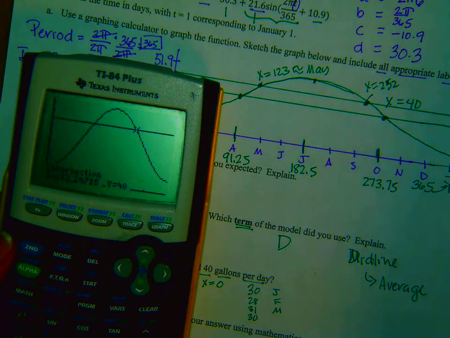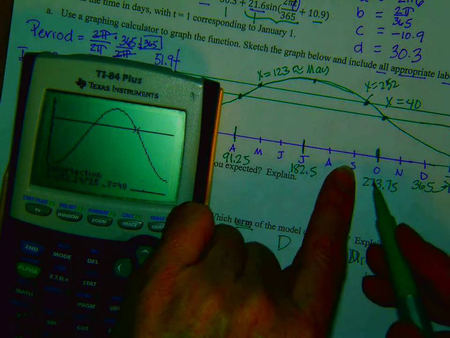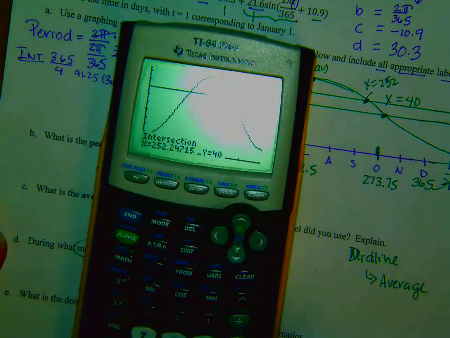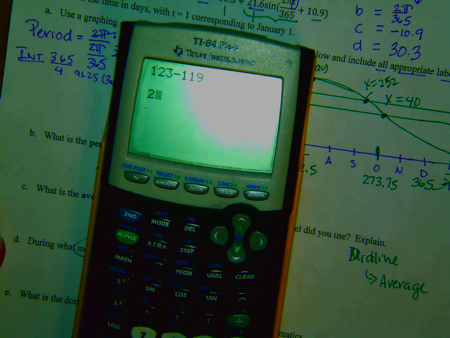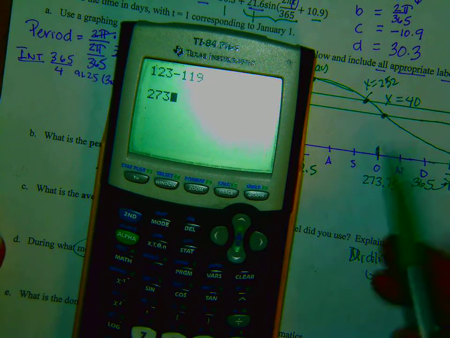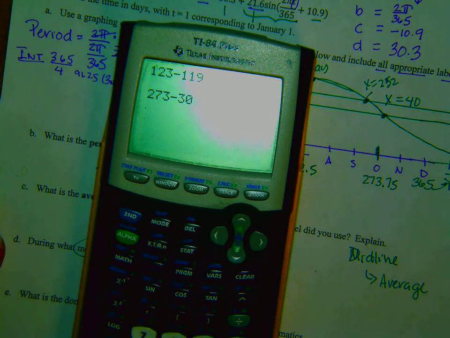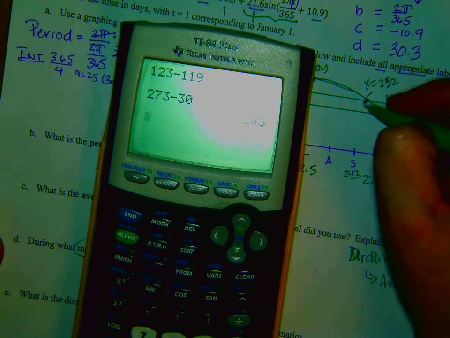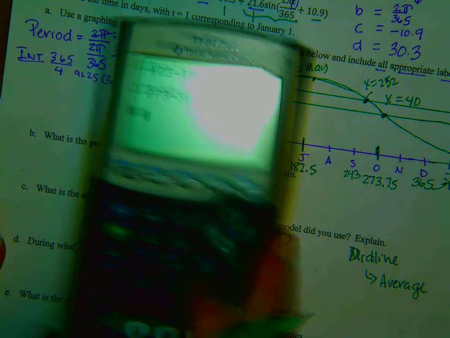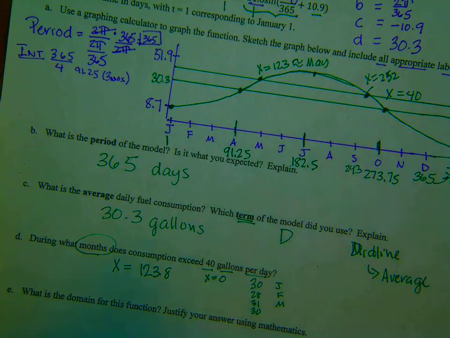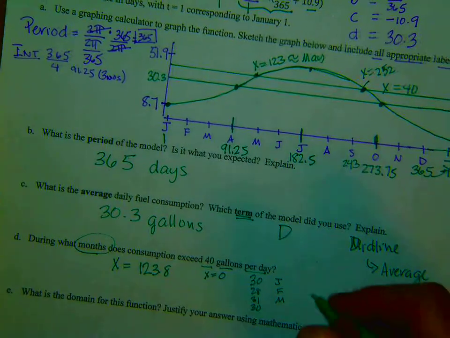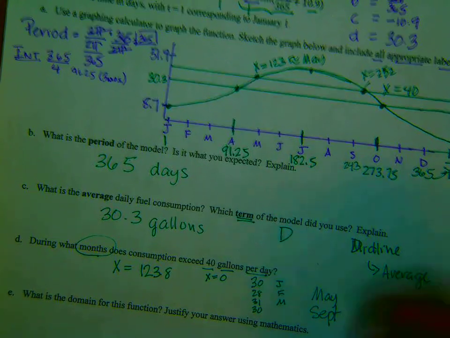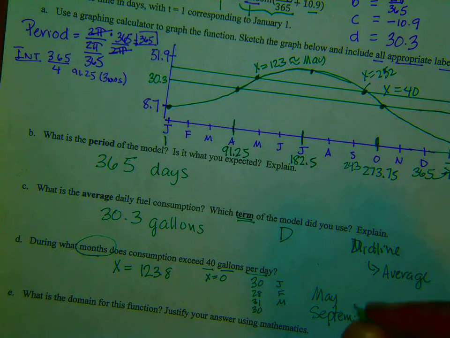I know if October is 273, let's just calculate this. If October is 273 minus 30, then this is 243. Therefore, this point has got to be in September. So I know during what months: that would be May and September. Do we see how we figured that out? Okay, May and September.